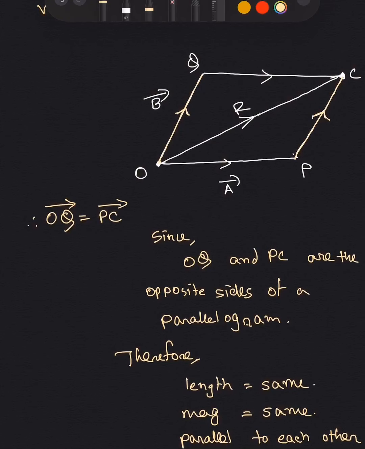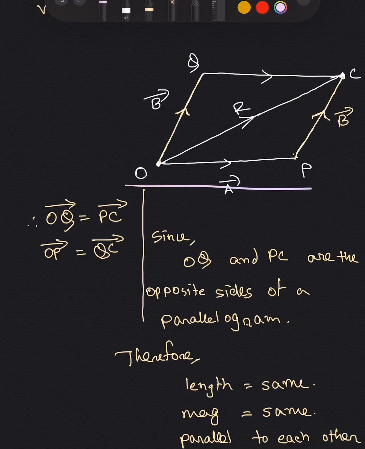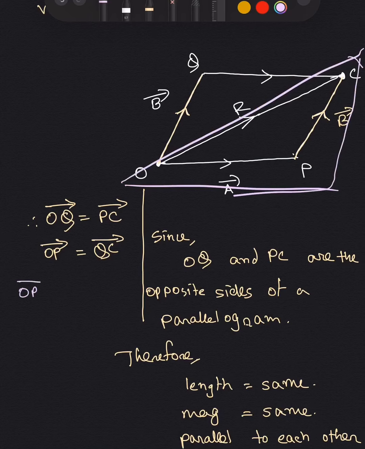Again, likewise, we can say the other two sides, which are OP and QC, these two vectors are also equal vectors. So in this case, we can write PC vector equals to B vector. Now, applying triangle law in this triangle, we get OP plus PC equals OC.